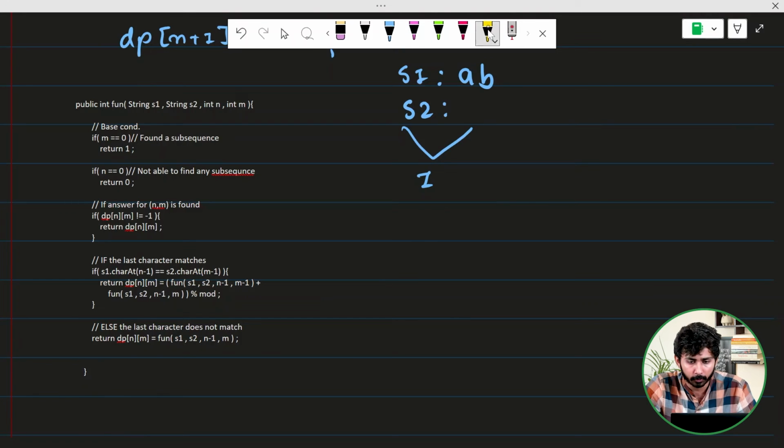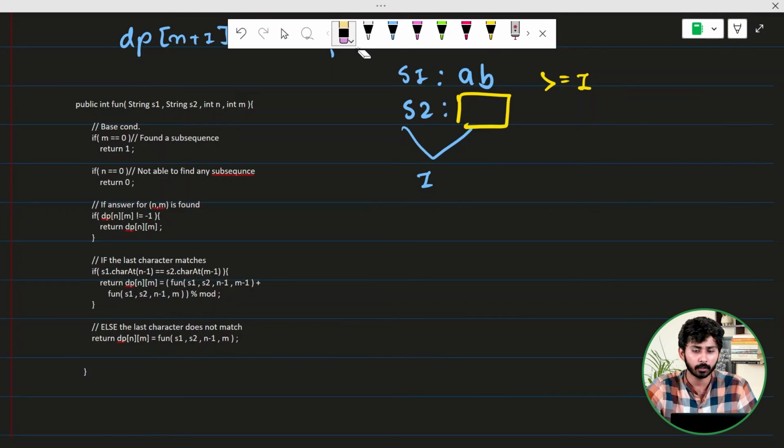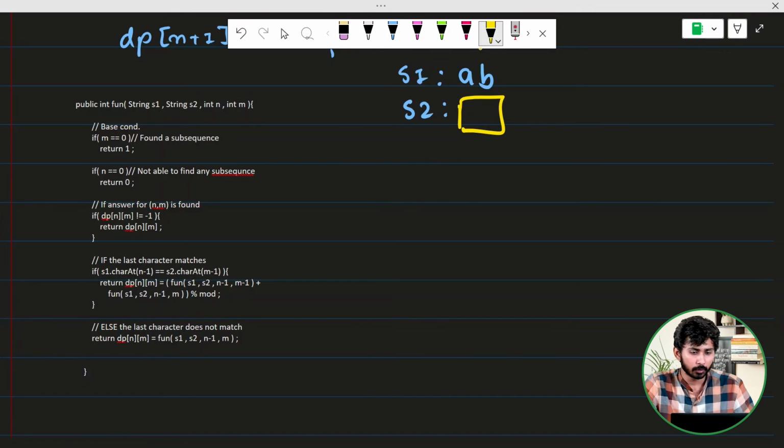But in the question, the size of s1 and s2 is always greater than or equal to 1. So you will not find this kind of test case when the checking of your code is done at the backend. But this initialization step is still required because we will be calculating different values, and those values might require some of the values from the 0th column.